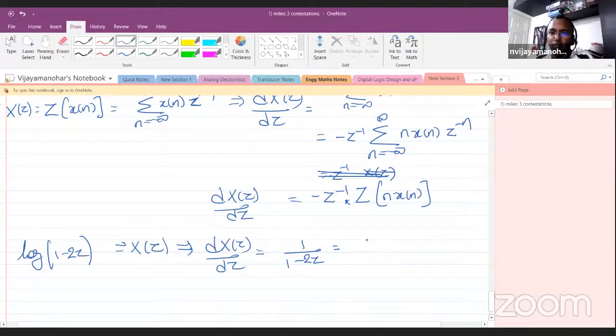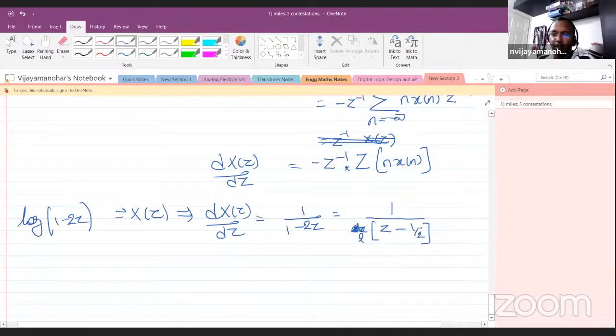if I bring 2z common outside, or rather 2 common outside, I will have 1 by z minus half. Correct?